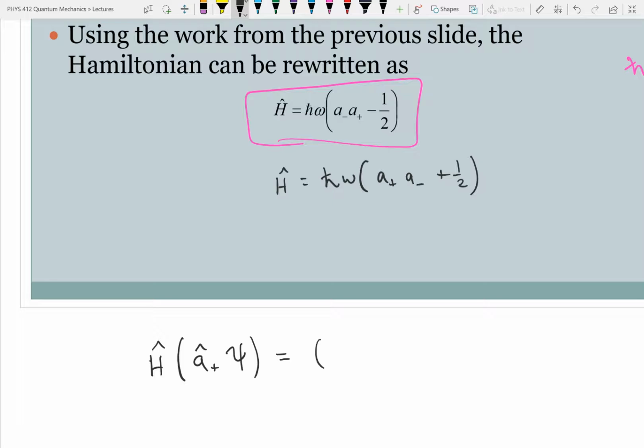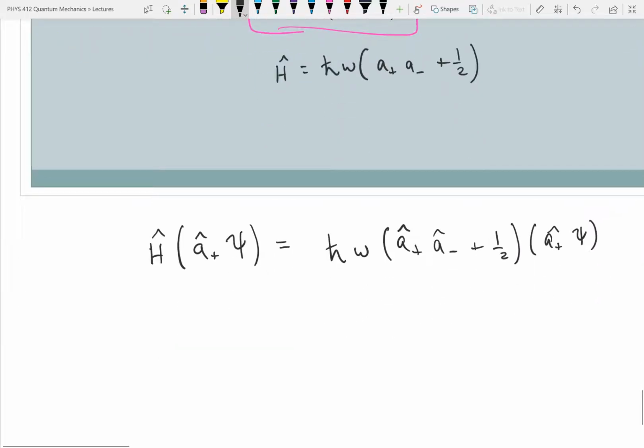If we take this H acting on A plus psi, that's going to be with this new operator. And I'm going to use the second form. So this is just expanding. This is my Hamiltonian.